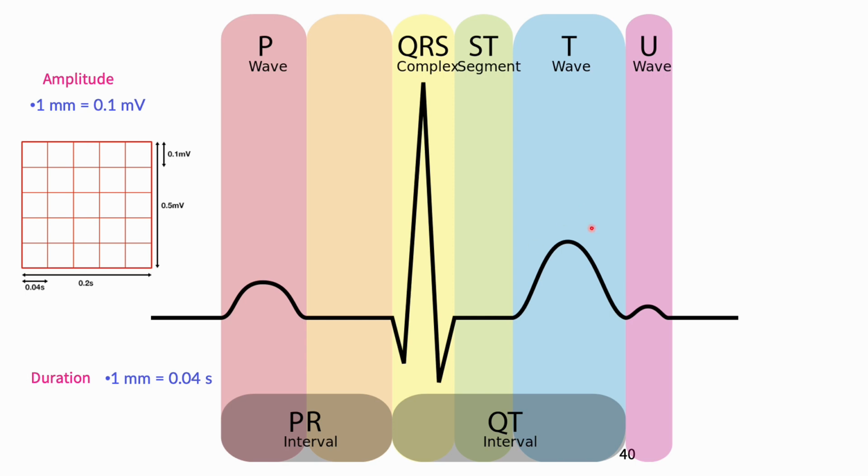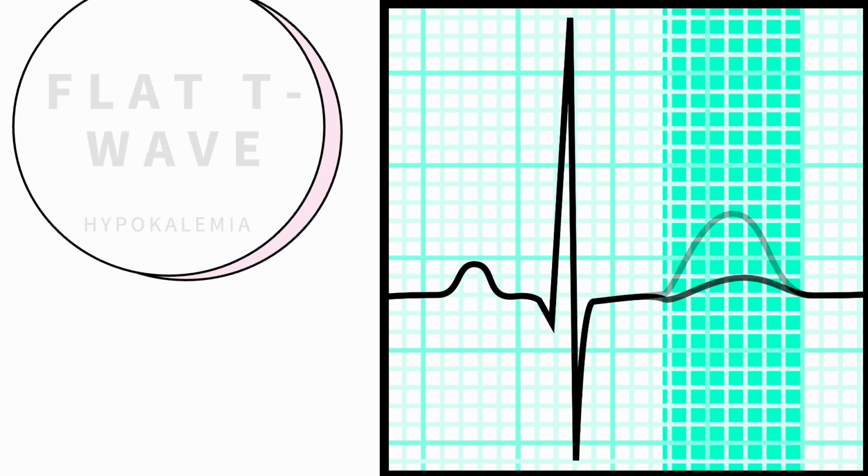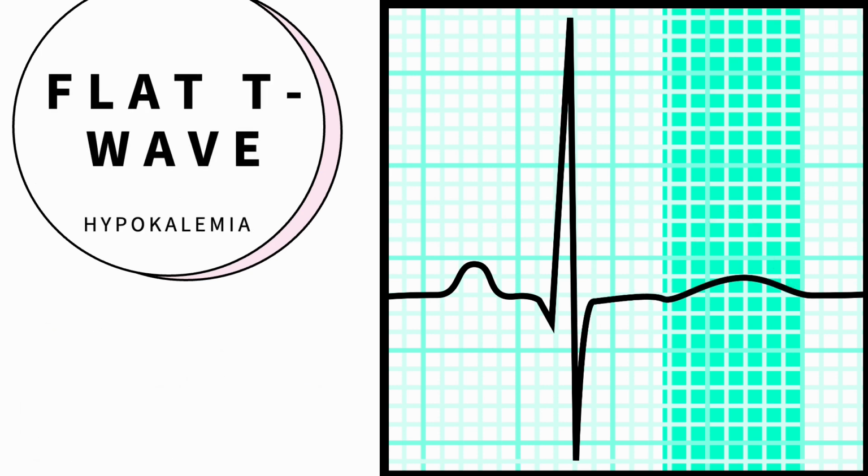Next up, guys, I'm going to talk about the T wave, duration, and amplitude. The T wave represents ventricular repolarization, which is a result of potassium efflux. Now, if this is kind of slow because of hypokalemia, or it's not of high amplitude, it's going to cause a flat T wave.